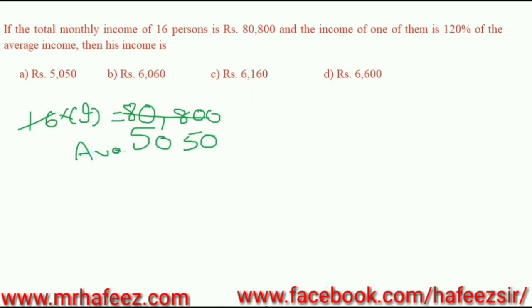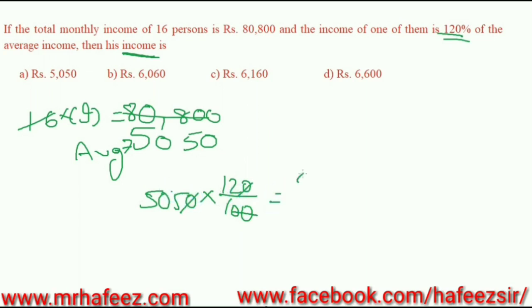This is the average. Now that person's income is 120% of the average income. So it's 120 by 100 of 5050. Two zeros cancel. So it's 505 into 12. 12 fives are 60. So the answer is 6060.